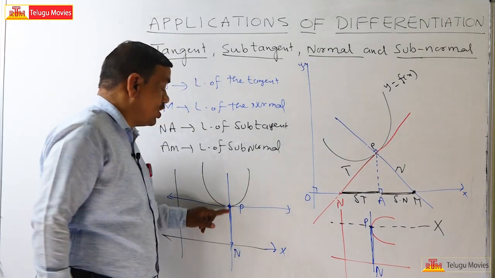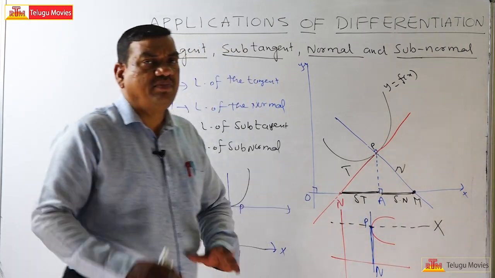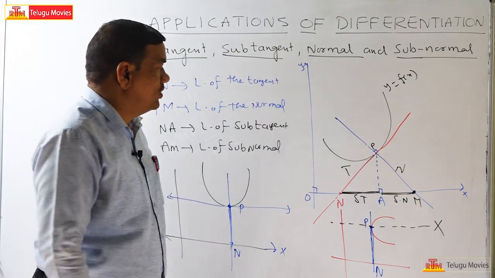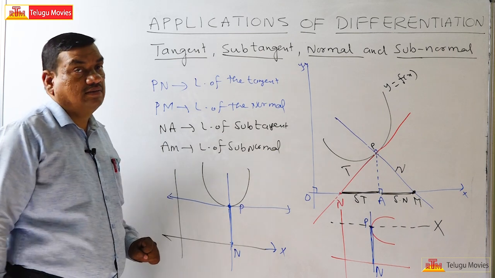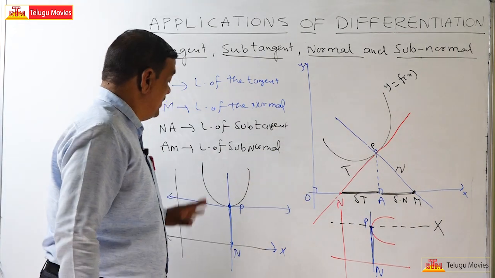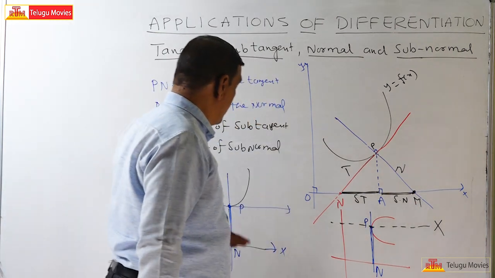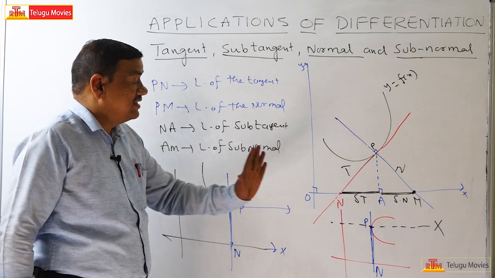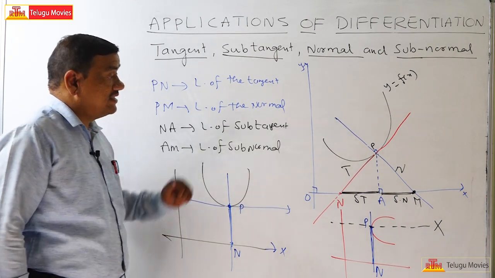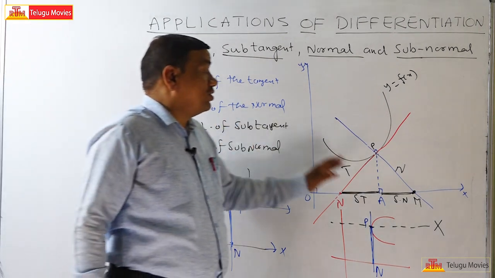The remaining three are not defined. So we have seen the cases: the tangent parallel to the x-axis, the tangent parallel to the y-axis, and the tangent neither parallel to the x-axis nor to the y-axis.